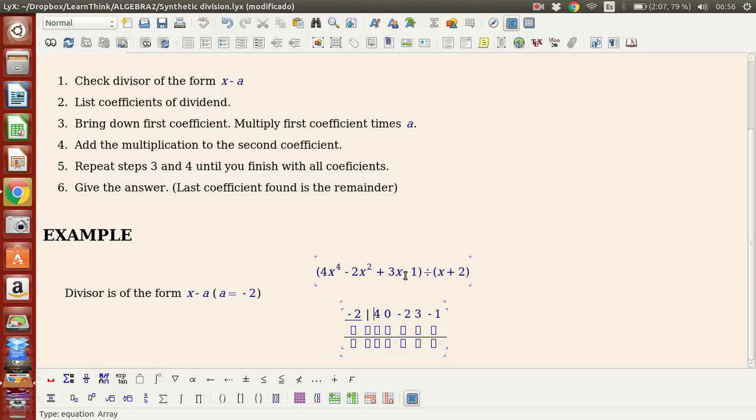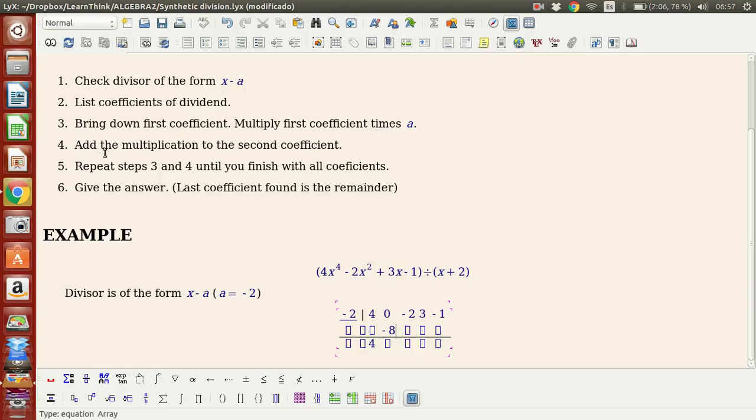Now, next step, it says bring down the first coefficient. So we're going to bring down 4. We write a horizontal line that is gonna give us the answer. Multiply the first coefficient times a. 4 times negative 2 is negative 8.